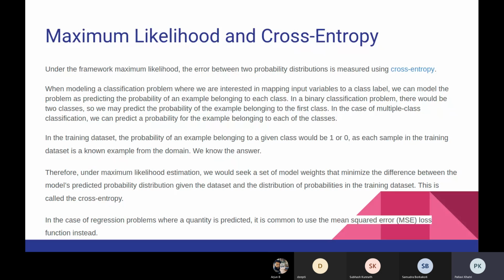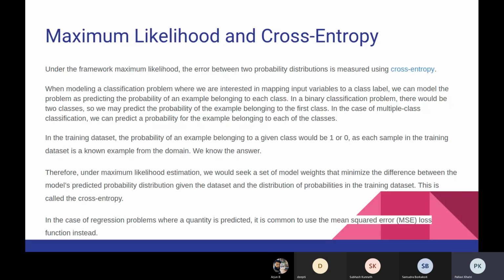Therefore, under maximum likelihood estimation, we seek a set of model weights that minimize the difference between the model's predicted probability distribution given the dataset and the distribution of the probability in the training dataset, which is called cross entropy. So cross entropy is used to find the difference between the model's predicted probability distribution and the distribution of probability in the training dataset. So this is the classification problem.